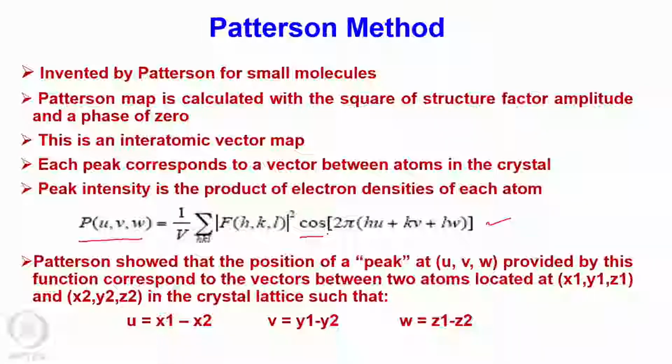Patterson showed that the position of a peak at the coordinates u, v, w provided by this function corresponds to a vector between two atoms located at x1, y1, z1 and x2, y2, z2 in such a way that u equal to x1 minus x2, v equal to y1 minus y2, w equal to z1 minus z2, and the opposite vectors as well.